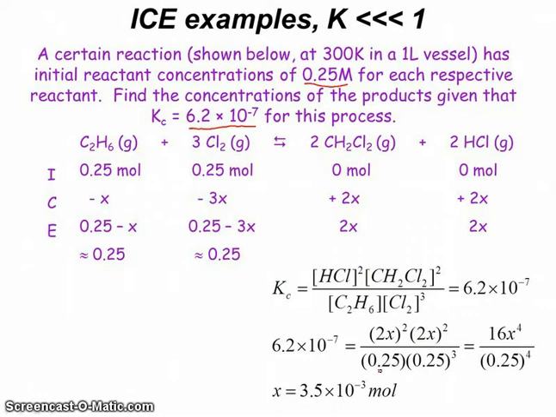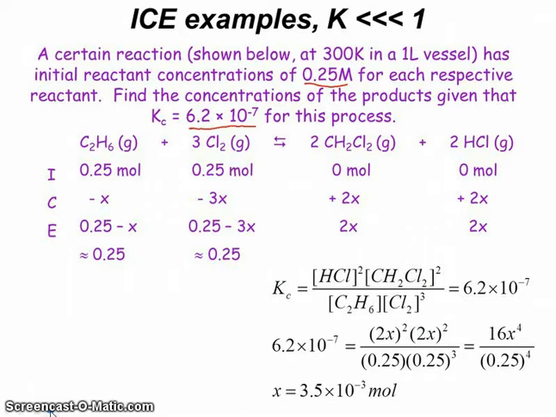On the bottom, I've got 0.25 for C2H6, 0.25 cubed for Cl2, and so my expression becomes 16x to the fourth divided by 0.25 to the fourth power. Now, solving this for x yields me 3.5 times 10 to the minus 3 moles. And so this is a value that I am assuming is produced, or 2 times this much, is produced for CH2Cl2 and for HCl.